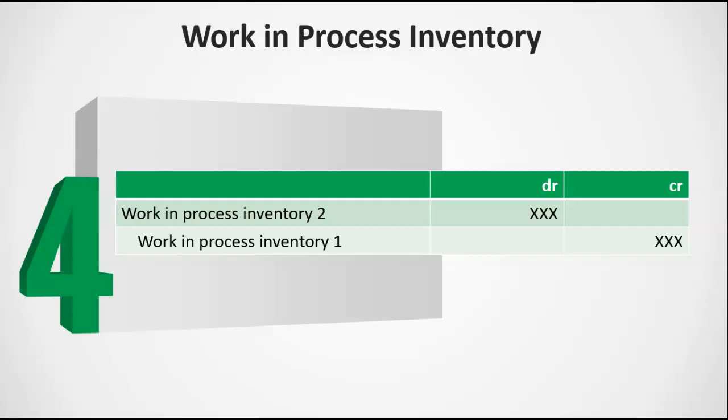So once the process has been completed in department 1, you credit work in process inventory 1 and you debit work in process inventory 2. At the end of the financial year, the balance brought forward in the work in process inventory accounts are categorized in the balance sheet as asset.